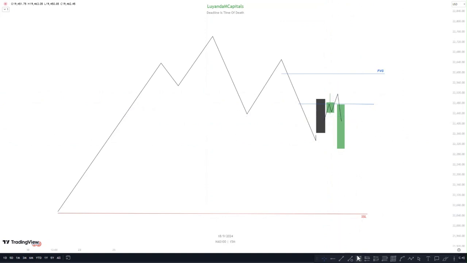It leaves behind a fair value gap, 1 minute fair value gap, or 5 minutes. And then this candle here, which is the one we usually enter off, goes higher to mitigate this fair value gap and then gives you a smooth ride off, right? That's all you need to do. Wait for a candle to wick above when you're looking for bearish prices and then close inside. Okay, official, right?